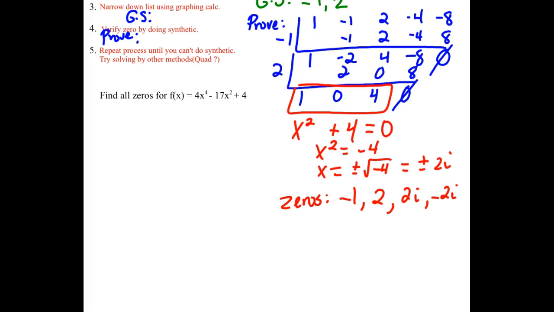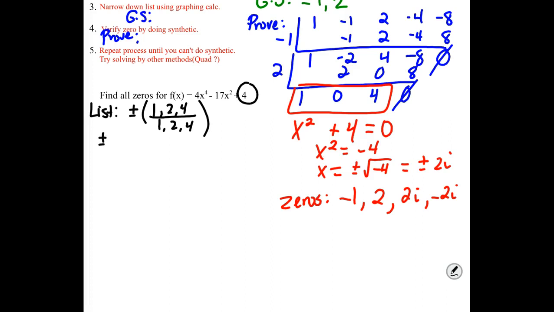Okay? So for this one, to make our list, we need factors of our constant, so factors of this 4, 1, 2, and 4, divided by factors of the front 4, another 1, 2, and 4.